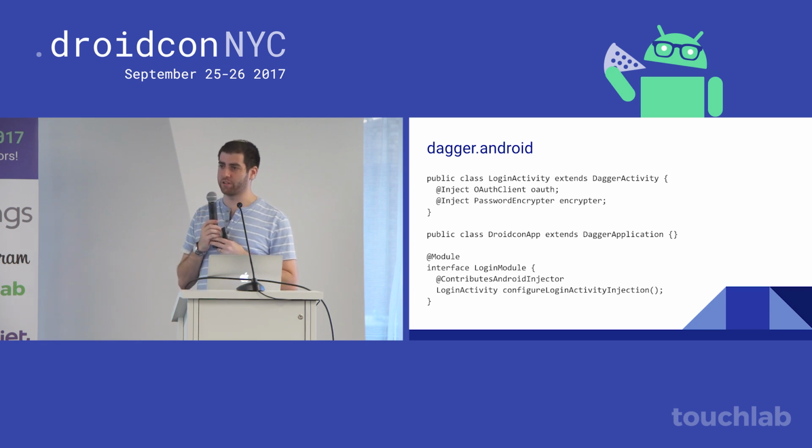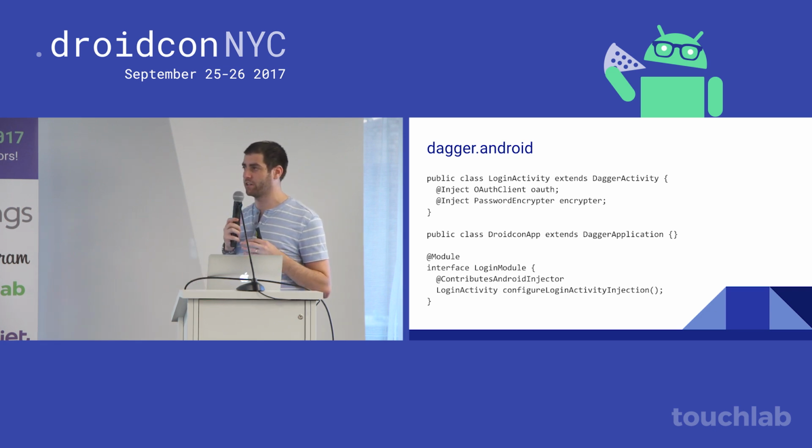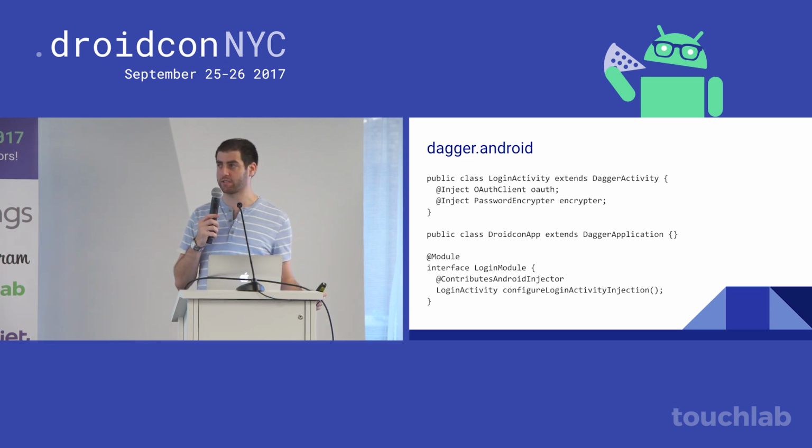We've recently released a package called dagger.android and a support package as well, which adds these different Dagger prefixed framework classes. So we have DaggerActivity, DaggerApplication, and a whole slew of different classes.